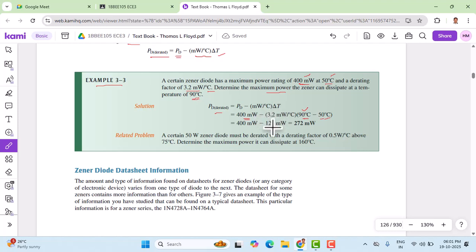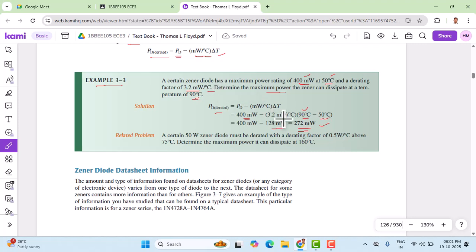If we simplify that, the derating term gives us around 128 milliwatt, and we subtract that from 400, which gives us 272 milliwatt. That's going to be the derated PD. Okay, so in this way, any problem related to power derating can be solved.